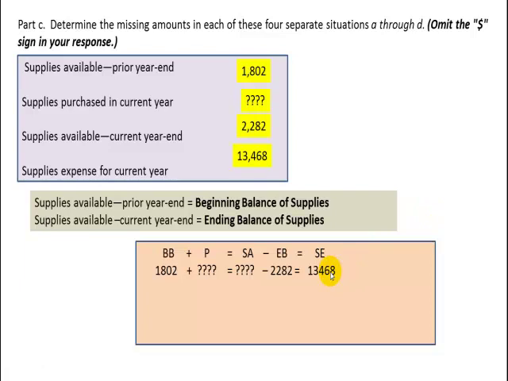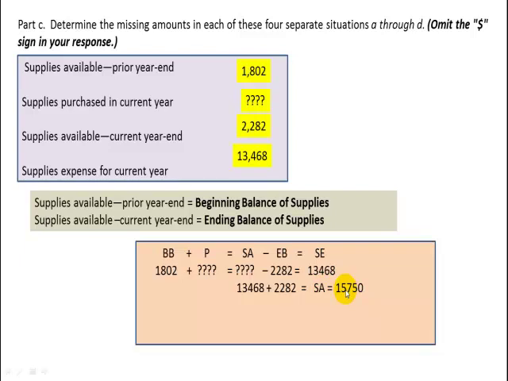And here I'm going to do something a little different. I can figure out the supplies available by taking these two pieces and combining them together. Notice how when I moved this to the other side of the equal sign, it became a plus.